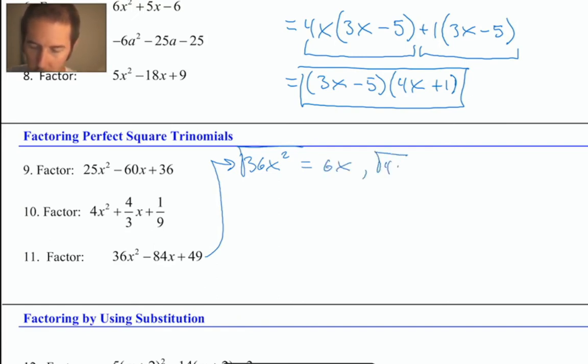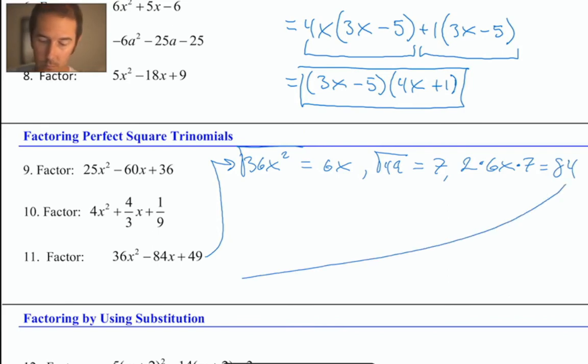The square root of 49 is 7. 2 times 6x times 7 equals 36, 42, 84, equals 84. See the 84? So for sure, this thing is a perfect square trinomial.